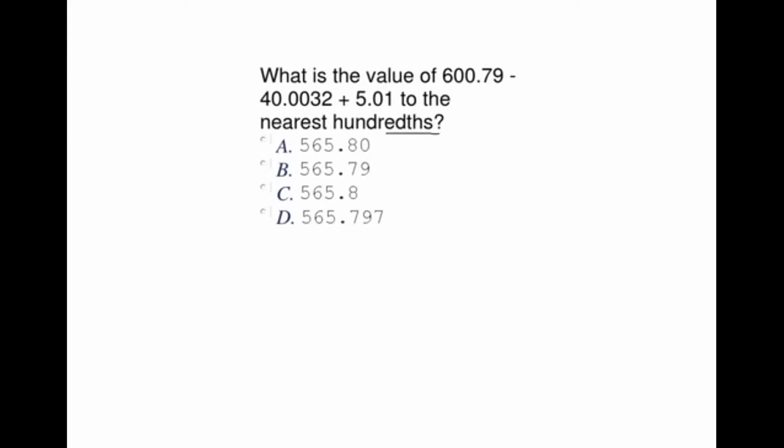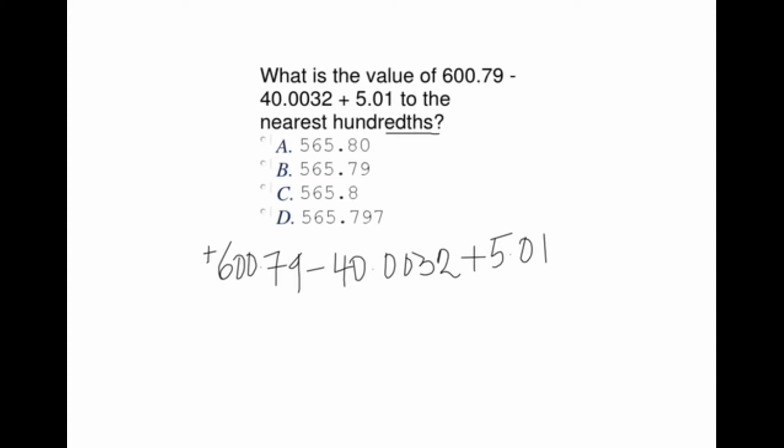So we have 600.79 minus 40.0032 plus 5.01. 600.79 has a positive sign which is not visible.